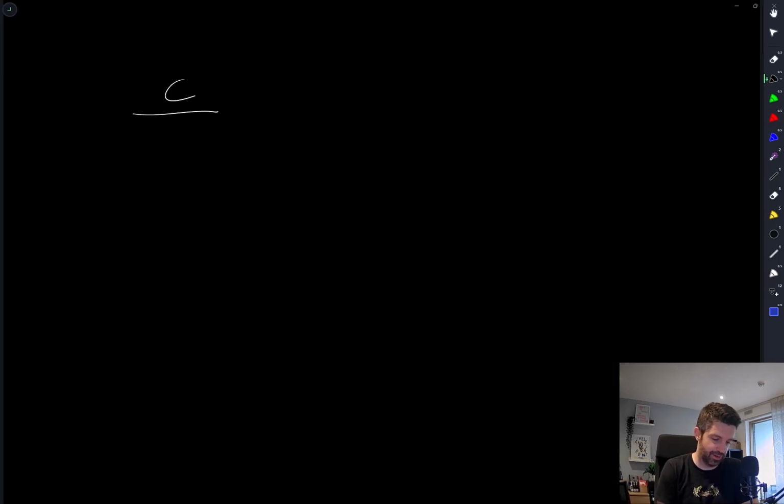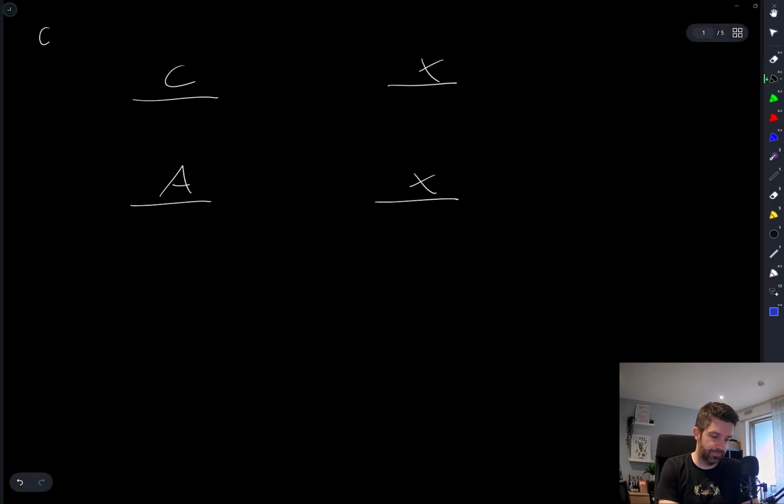So I have Carl and Azar versus X and X. In this original arrangement, the probability of Carl winning is the probability that he wins the first game times the probability that he wins the finals game.